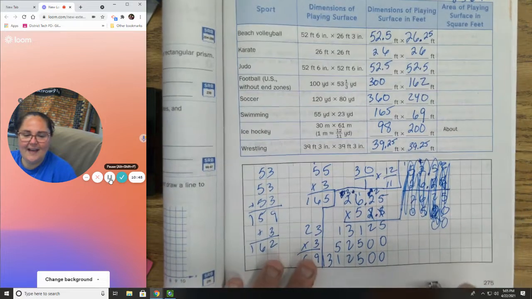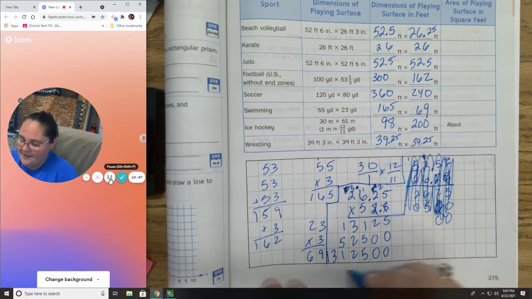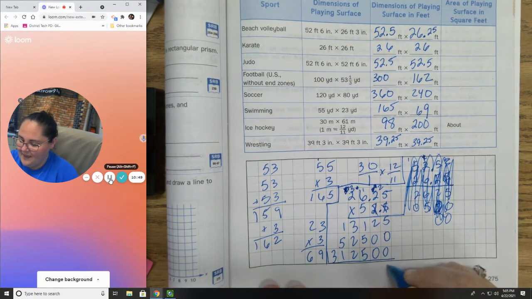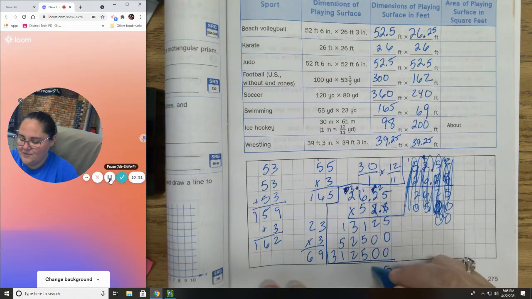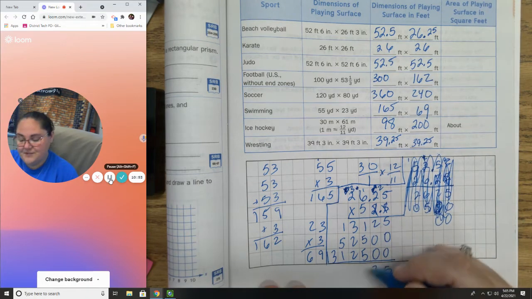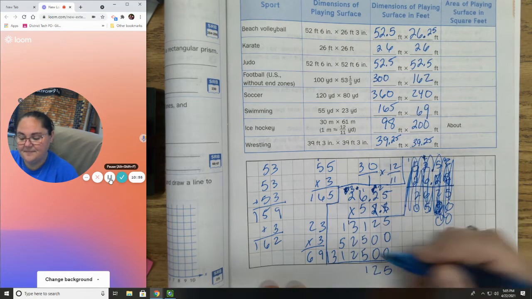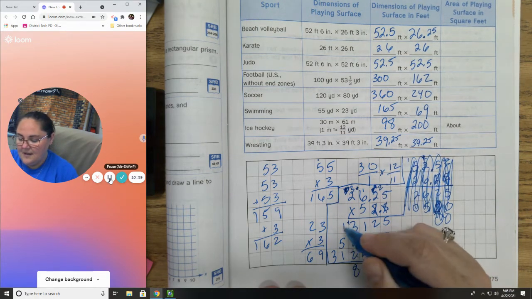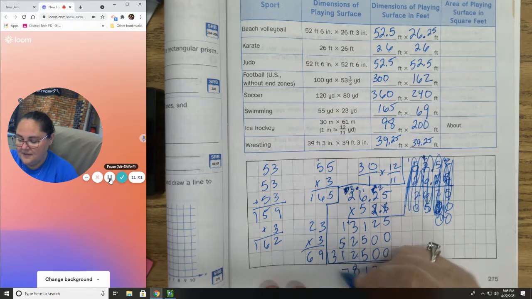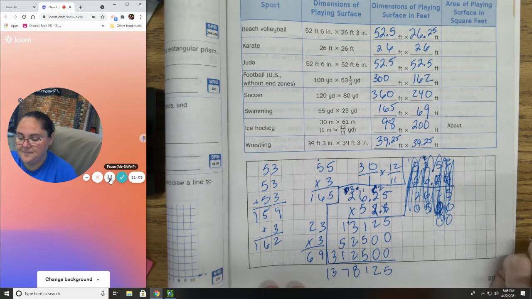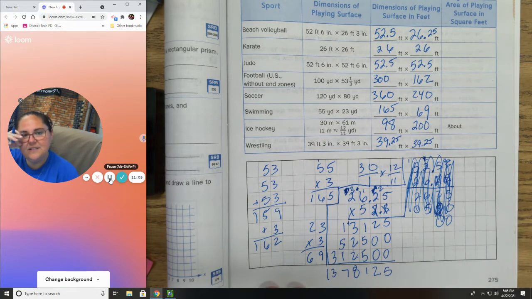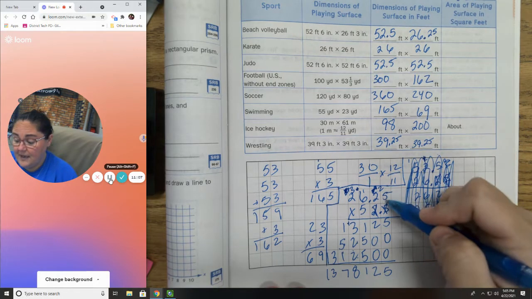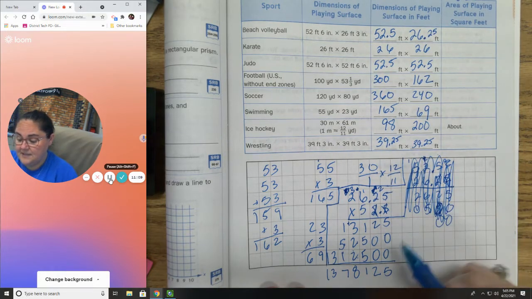And now I'm going to add. 5 plus 0 is 5. 2 plus 0 is 2. 1 plus 5 is 11. 3, 4, 5, 6, 7, 8. 5, 6, 7, 3, 1. Now, because of our rules for decimals, I know that I have 1, 2, 3 place value pieces that I need to move my decimal 3 places.